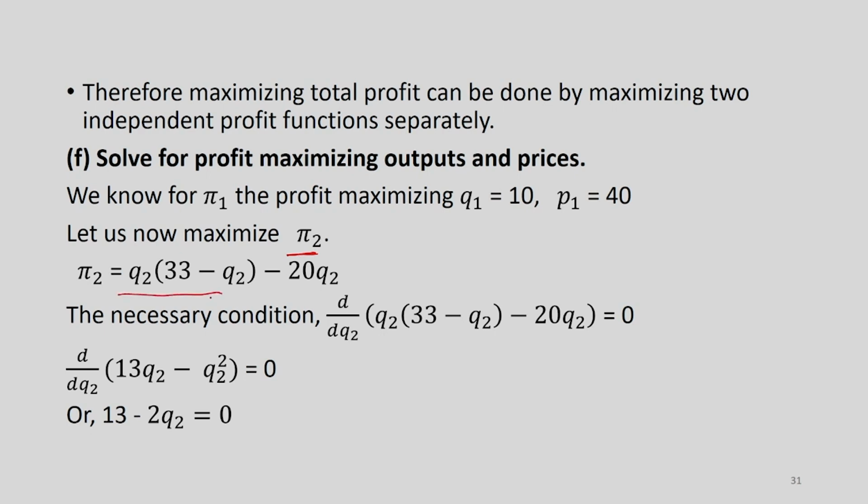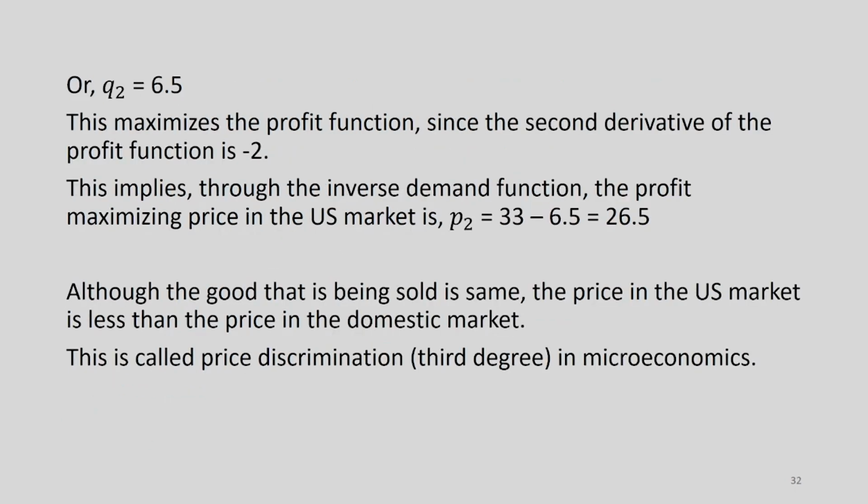Pi 2 is total revenue from the US market minus the cost, and this is standard. I take the derivative of this with respect to Q2, set that equal to 0. d/dQ2 of 13 Q2 minus Q2 squared, that is 13 minus 2 Q2, is equal to 0, and it gives me the solution Q2 equal to 6.5.